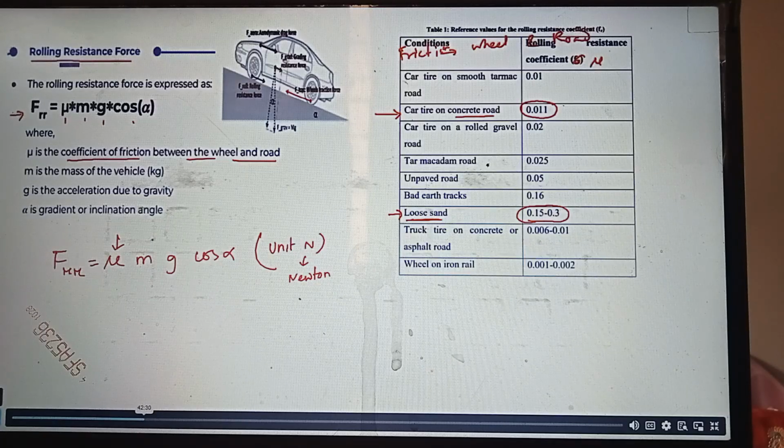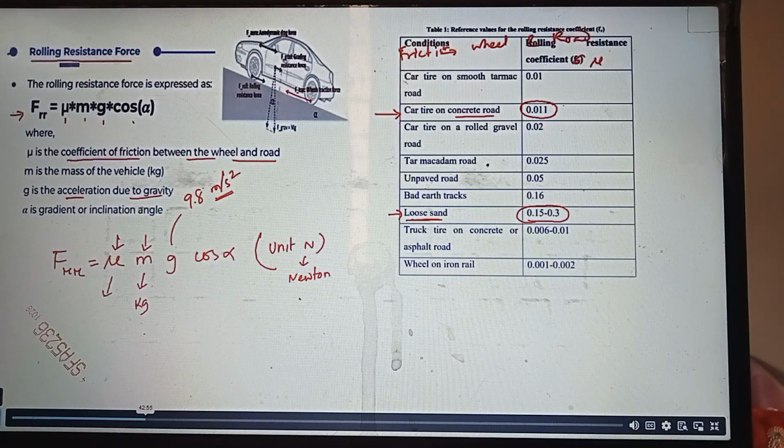Next is mass, the mass of the vehicle in kg. Then comes g. G is acceleration due to gravity, which typically we are going to take as 9.8 meter per second square. You have to be very careful about the units. Unit of mass will be in kg.